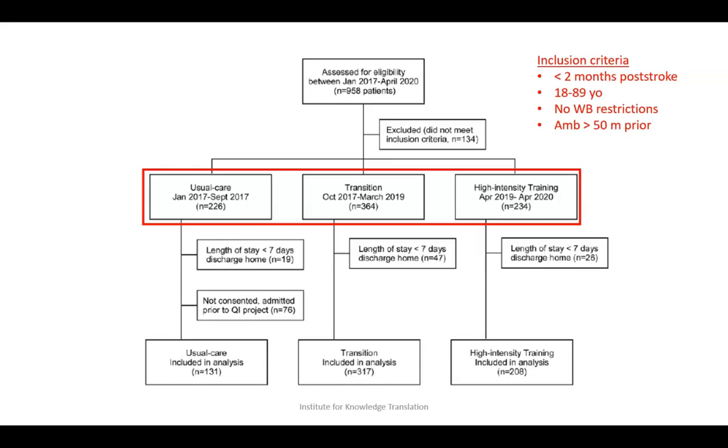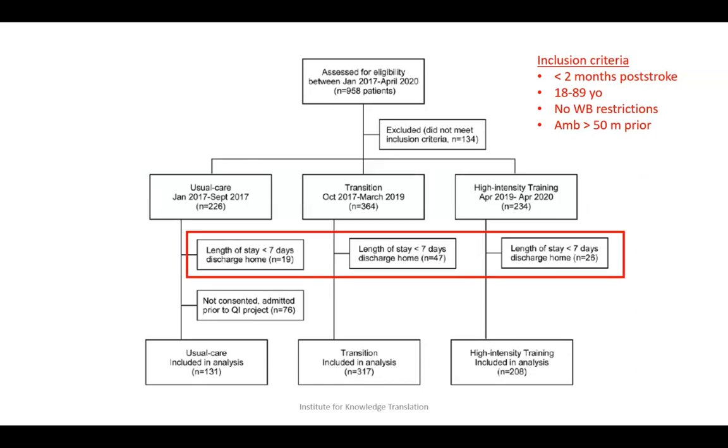Beyond that, they were separated into usual care, transition, and high-intensity training just based on the time frames that they were admitted. So important to know, this is not a randomized trial. It's strictly looking at different time periods and when they were admitted to the facility.